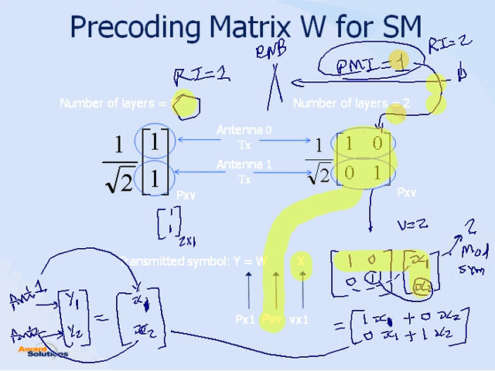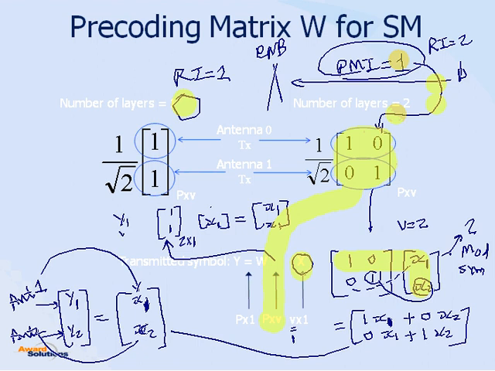I cannot separate out those 2 antenna signals. They look the same to me. So we said, okay, let's have 1 rank, and then I will multiply that by this x. This is my W, another pre-coding matrix. I have 1 layer, so V is only 1, number of layers 1. So I have only 1 modulation symbol, let's say x1. If you multiply, you will get x1, x2.